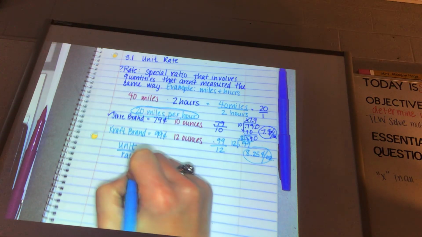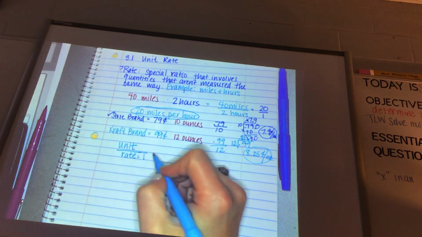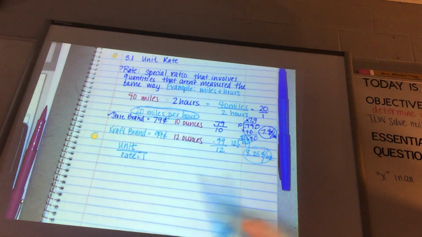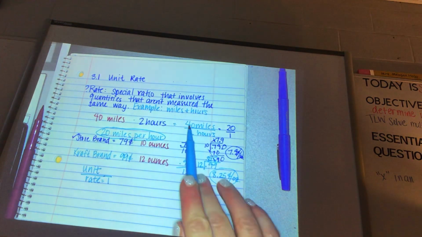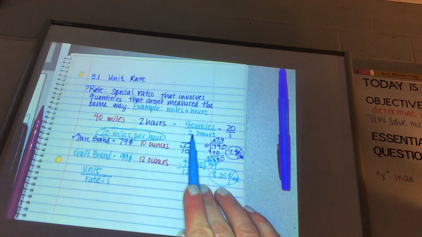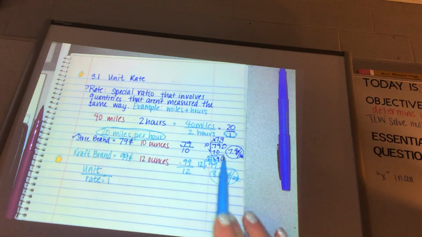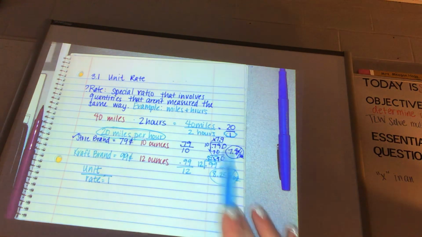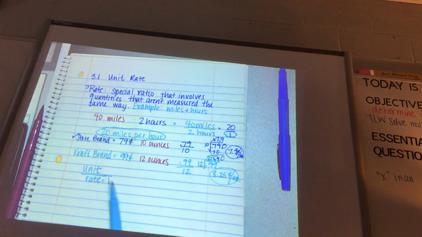Okay, your denominator always has to be 1, which is why up here, when we had 2 as our denominator at the end, 40 miles in 2 hours, we have to simplify that to get the 1 on the bottom. Here we divided it to get it per ounce, per 1 ounce. So your rate always has to be 1 on the bottom. All right, so that's key there. It always needs to be 1.